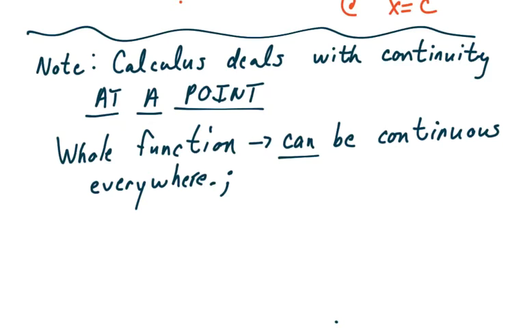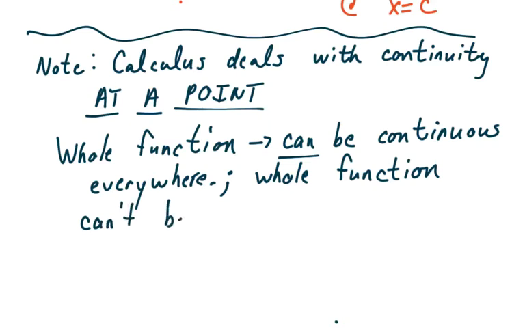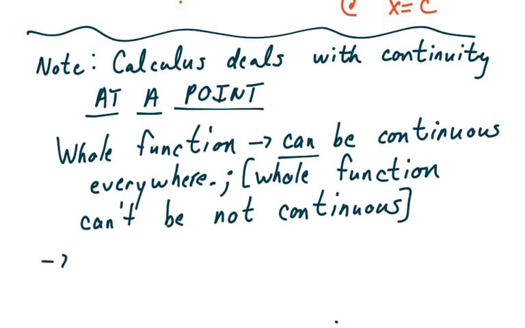On the other side of that, a whole function can't be discontinuous everywhere. We can't say that the whole function is not continuous. That's a double negative, so let's rewrite that in a way that might make a little bit more sense.